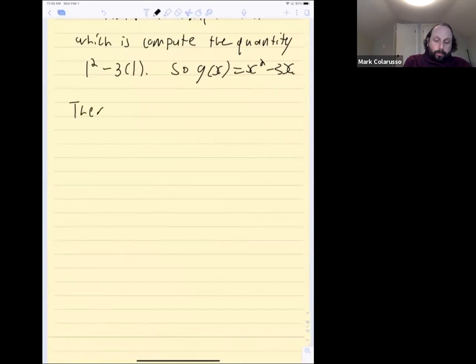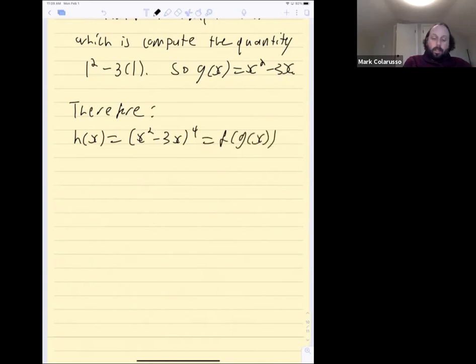Therefore, this function h at x, which was x squared minus 3x to the fourth power, is f composed with g, where f at x is x to the fourth, and g at x is x squared minus 3x.